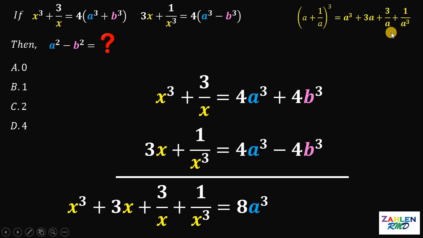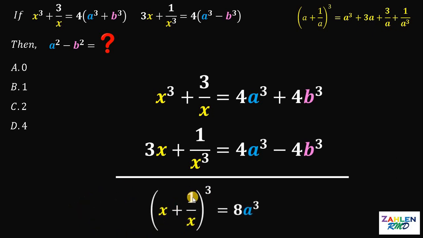Now, if we replace a with x, this will give us x cubed plus 3x plus 3 over x plus 1 over x cubed. Therefore, this expression on the left-hand side is equivalent to x plus 1 over x raised to 3. Now, also take note that 8 is just 2 cubed.